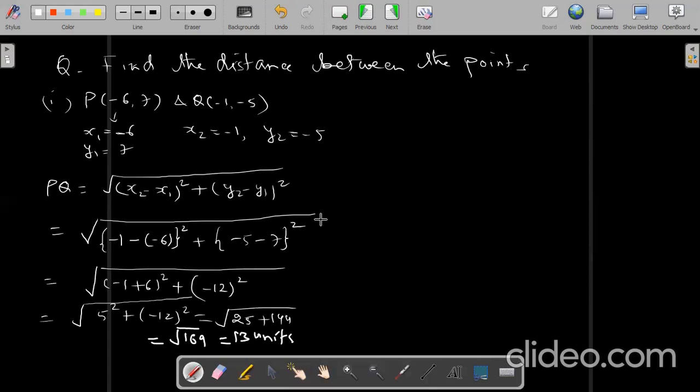Sometimes we have to use algebraic formulas. Sometimes they are given to prove also. One more question I will take in which we can use some formulas, then we can get the answers.